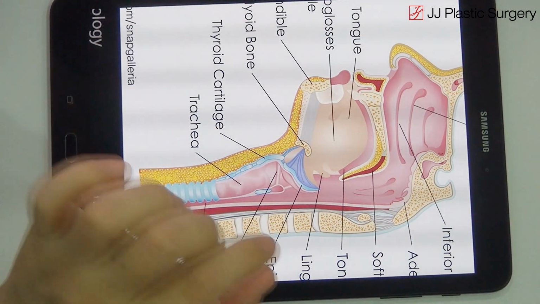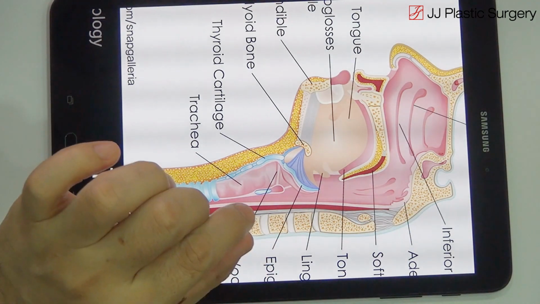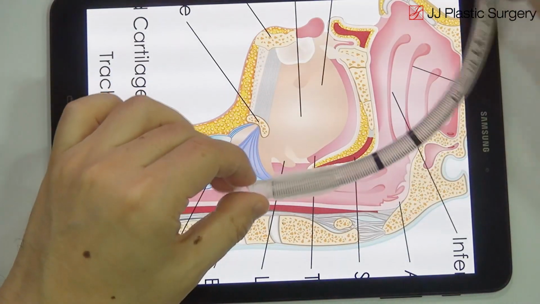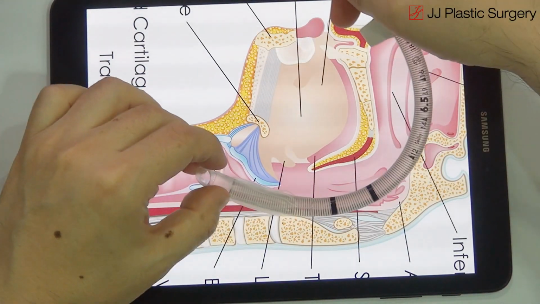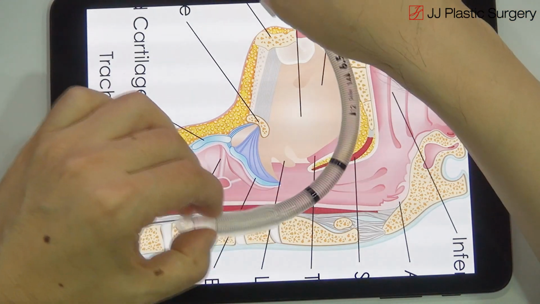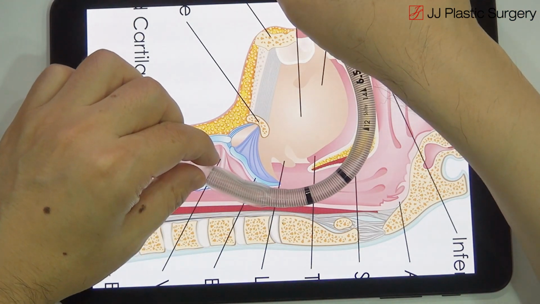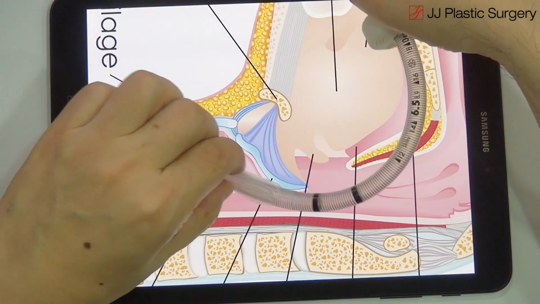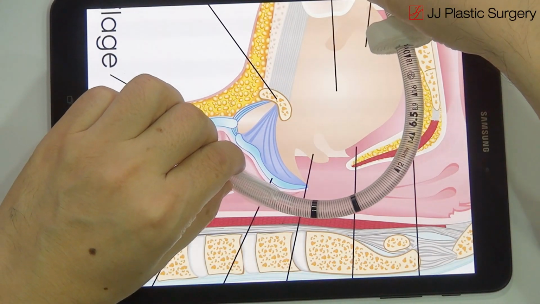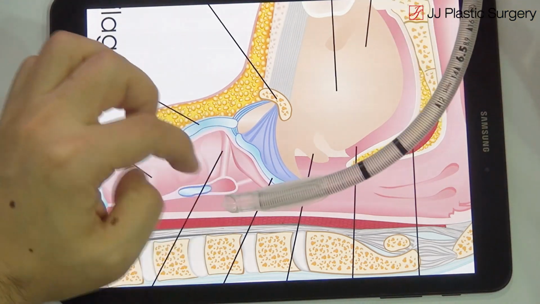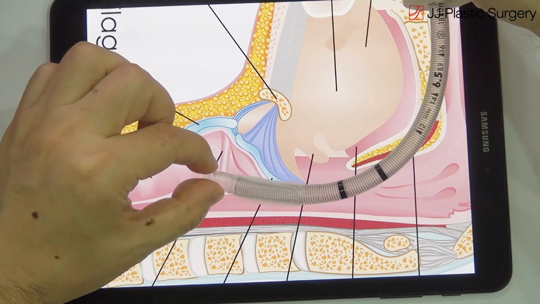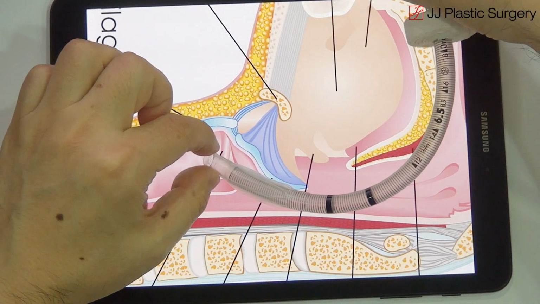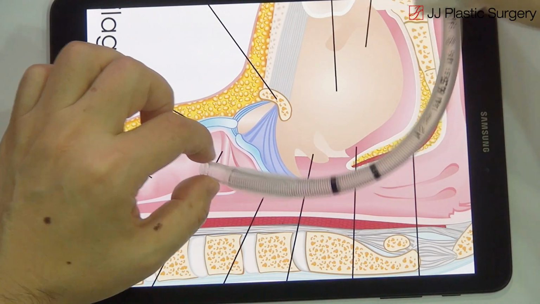But in a severe case, we can insert this kind of endotracheal tube from the nose or from the mouth, like this. This is the trachea and the vocal cord. When using this kind of device, the end of the tracheal tube irritates the vocal cord and the inner surface of the trachea.